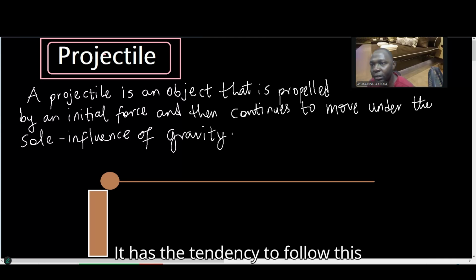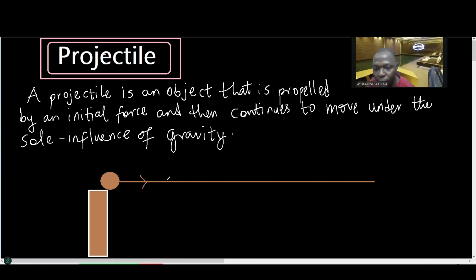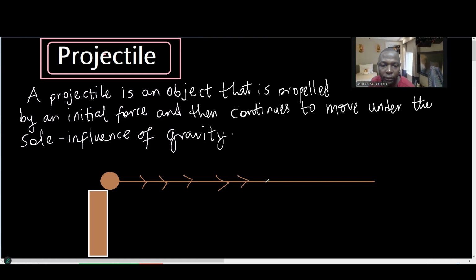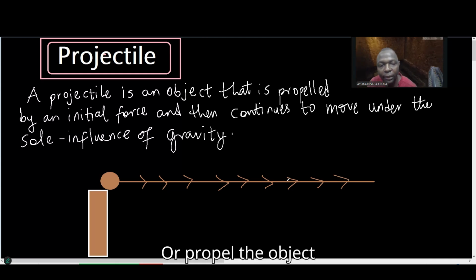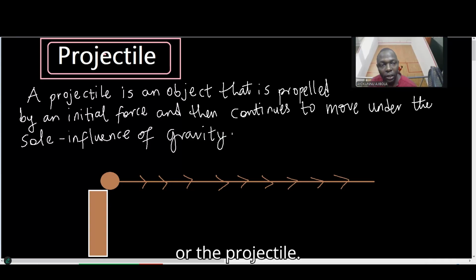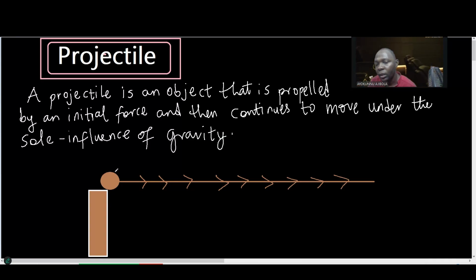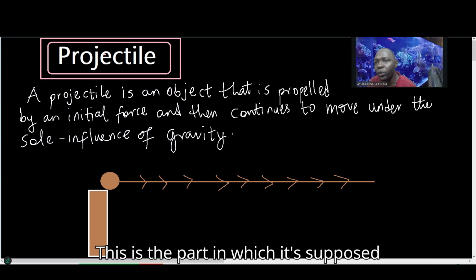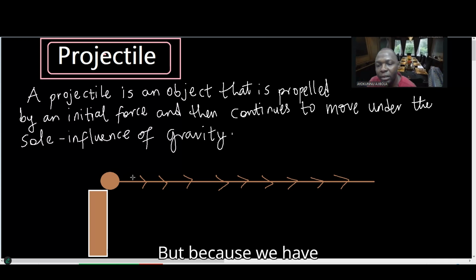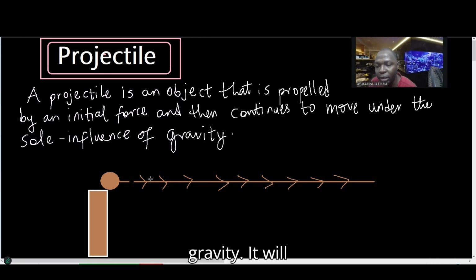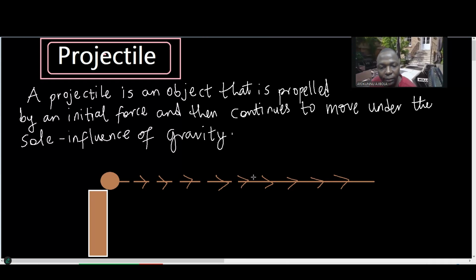It has the tendency to follow this path. So as you project or propel the projectile, this is the path in which it's supposed to go. But because we have gravity, it will never go in this path.